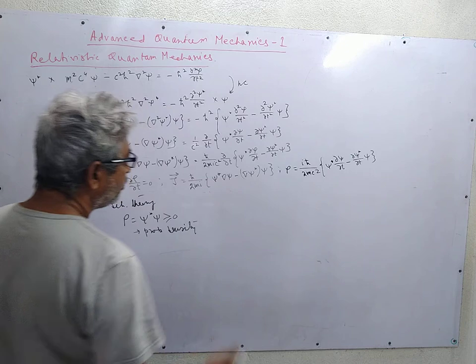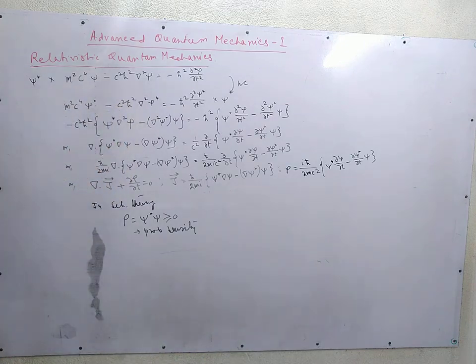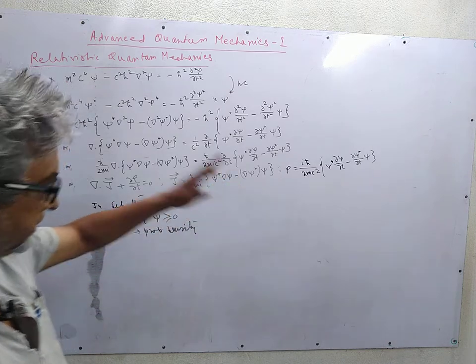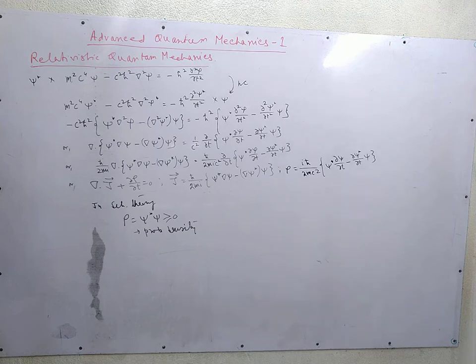Here, rho could be positive, 0, as well as negative. So rho cannot be interpreted as the probability density, although the probability current density is the same as in the case of non-relativistic theory. In that case, the interpretation of the wave function will be a problem. This is one of the serious drawbacks of the Klein-Gordon theory.